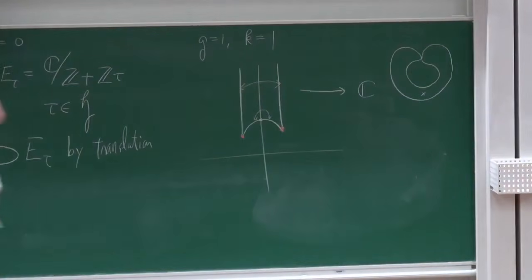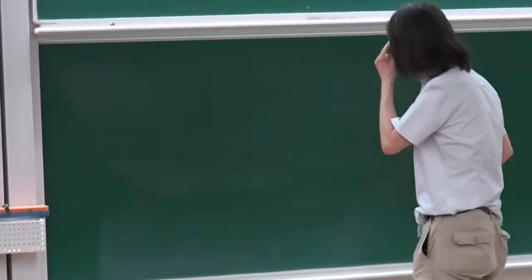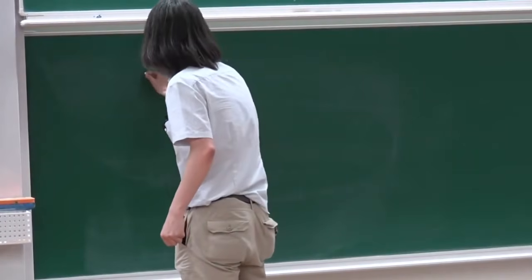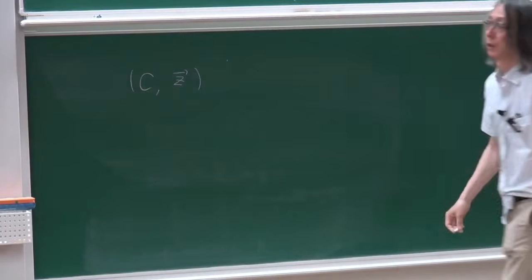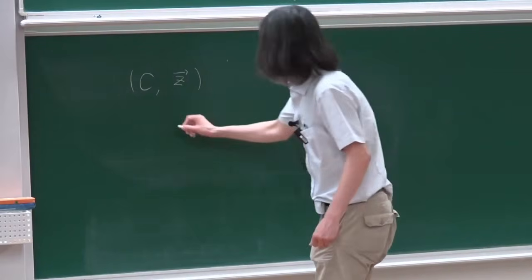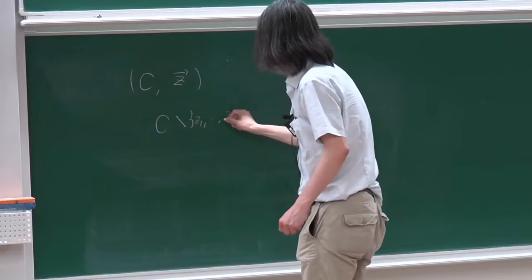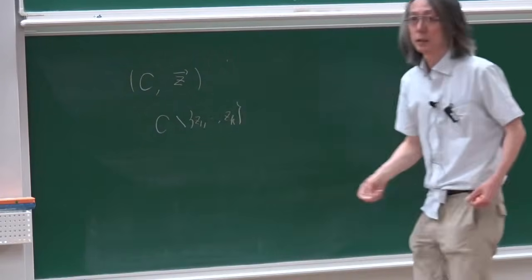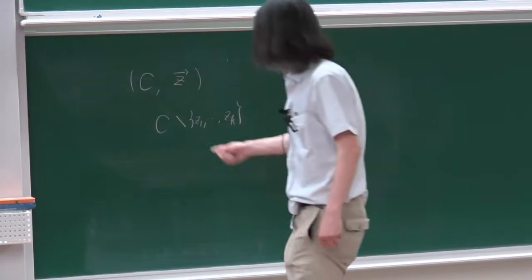But maybe we can also interpret it in terms of two-dimensional hyperbolic geometry. If you have this C and these points z1 to zk, and you remove them from C, then you have a punctured Riemann surface.